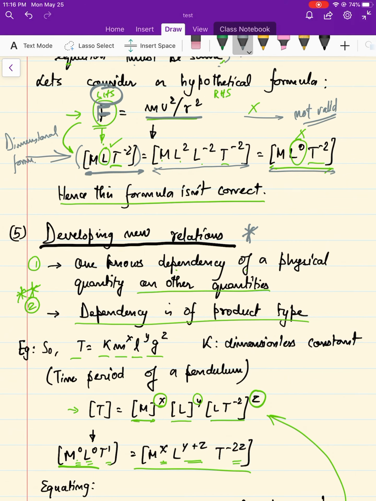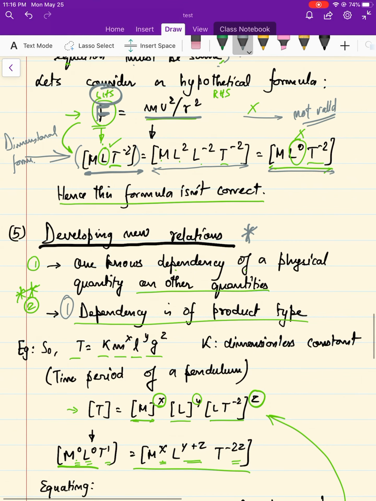The first constraint is it should depend, and the dependency should be of a product power type, right? So you have T is equal to k m to the power x.